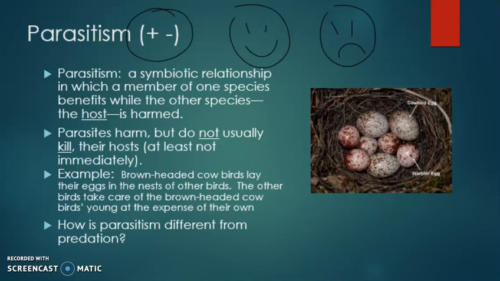So the cowbird is benefiting by having its genes live on, if you want to look at it that way. And the warbler is being hurt because it's expending energy and resources to take care of the cowbird's eggs. So it's not always one thing sucking on another. There are different scenarios. So that's parasitism, a plus and a minus, or a smiley face and a frowny face.